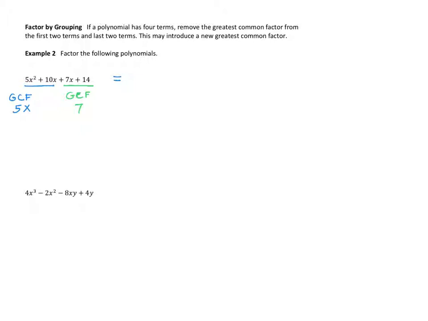Let's write that out. For just the first two terms, if I take out a 5x, I'm left with x plus 2. If I distribute 5x to x, I get 5x squared. If I multiply 5x to 2, I get 10x. All right, now if I remove a 7 from the last two terms, I'm left with x plus 2.